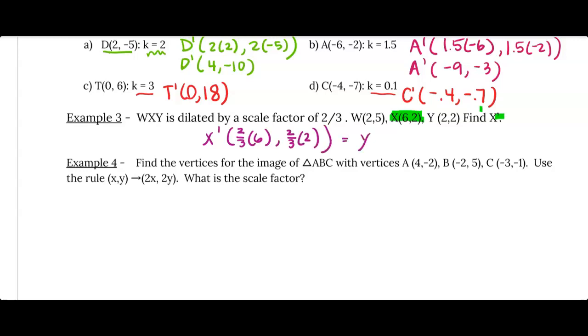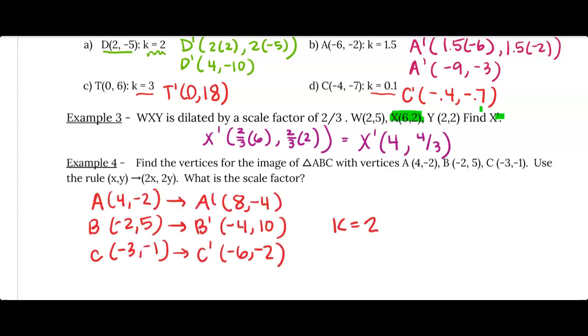Remember, when you multiply fractions, you multiply the numerators, divide by the denominators. So 2 times 6 is 12, divided by 3 is 4. And 2 times 2 is 4, divided by 3 is just 4/3. Your points don't always have to be at whole numbers. You try and do example 4 and then check back.